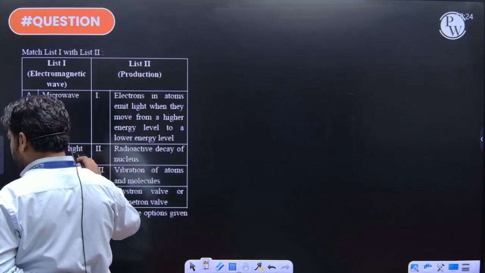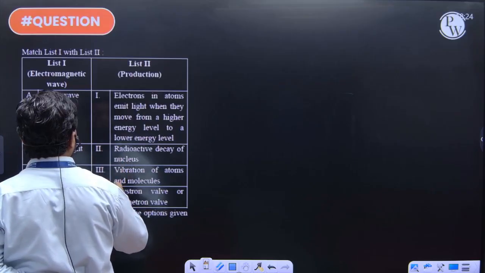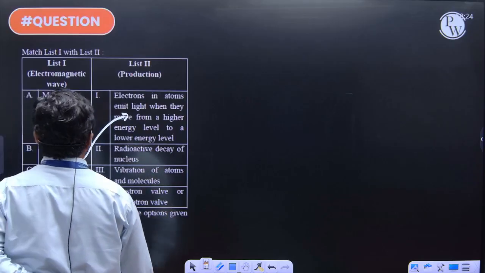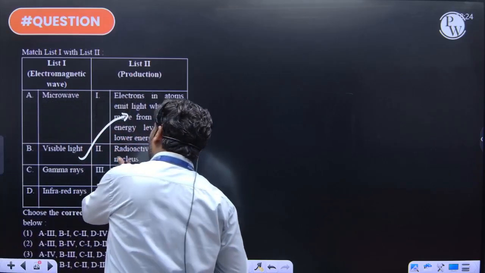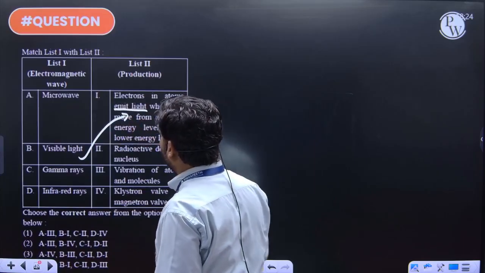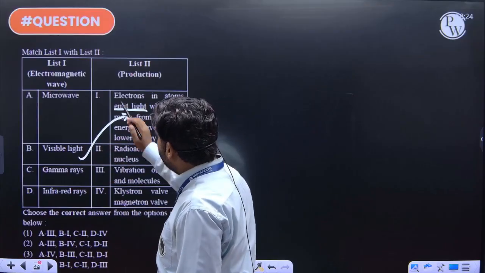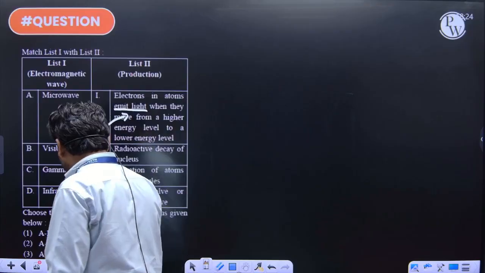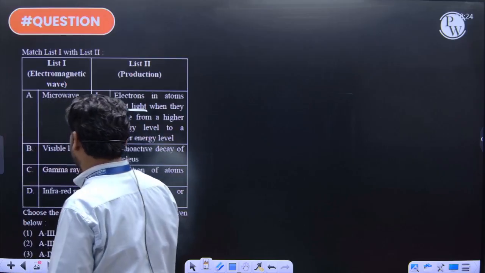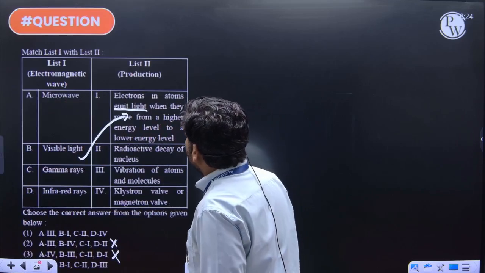It is mentioned here. Emit light means visible light. So B is option 1. So either option 1 is correct, or option number 4 is correct.